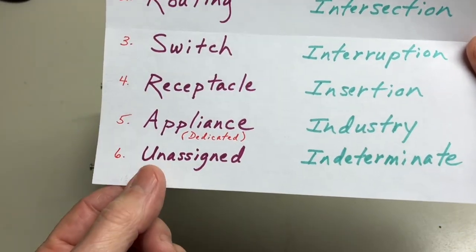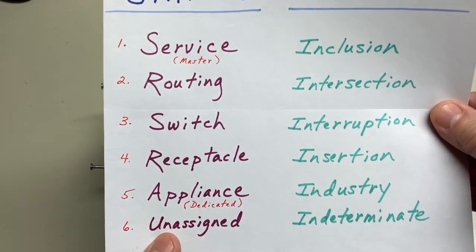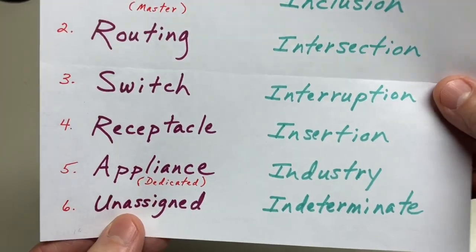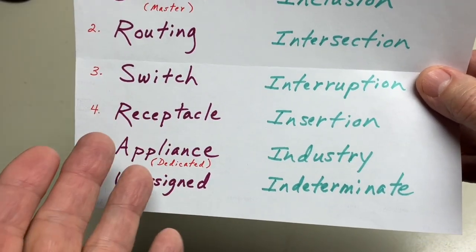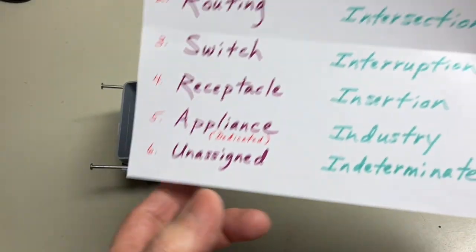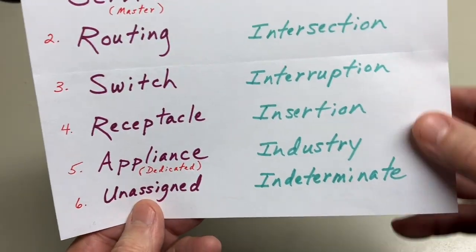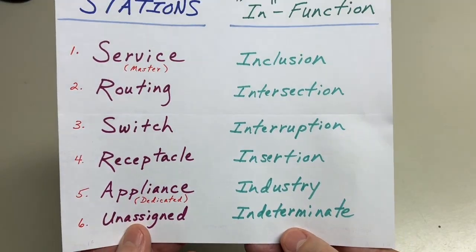Then there's the unassigned station. It's a hot station, it's live, but it's not assigned to any particular appliance yet. So I call that in function indeterminate.